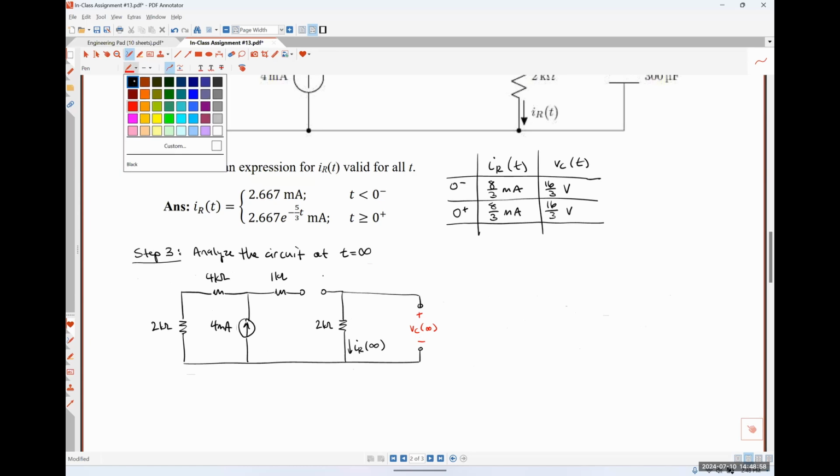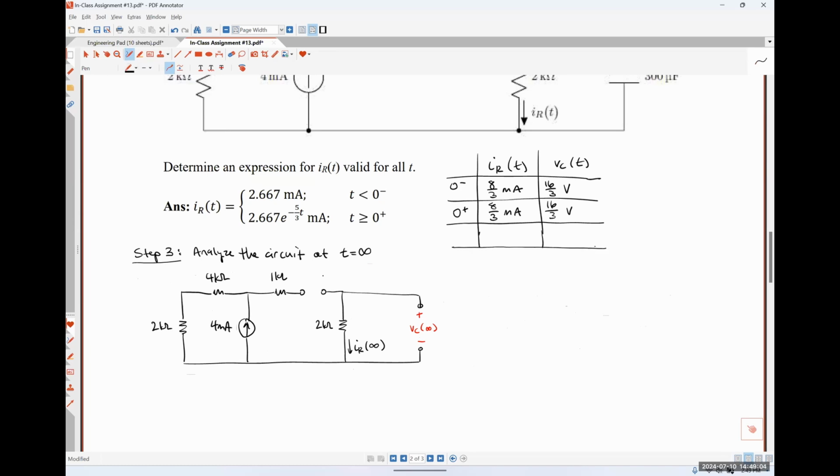So does anybody have any thoughts on what our values at t is equal to infinity should be? Zero. 0 for both. So 0 amps for our resistor current. I'm sorry, what was that, David? Sorry. No problem. So our resistor current is 0 amps and our capacitor voltage is 0 volts.